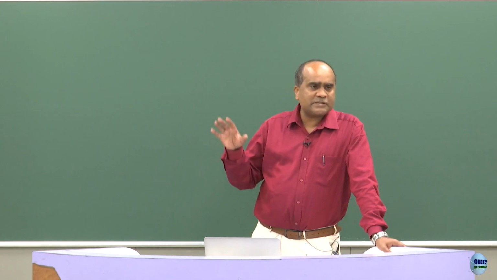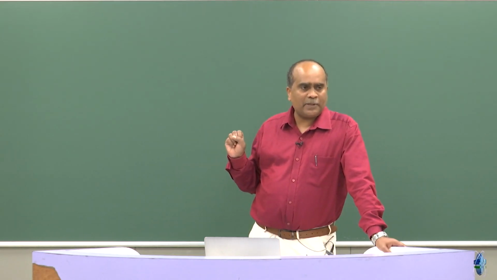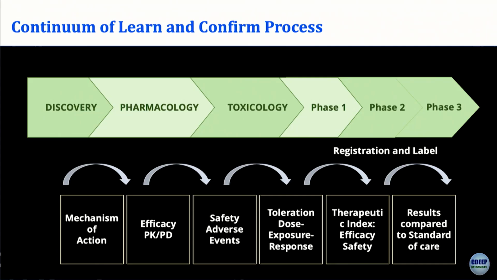Now, once the toxicity and preclinical setup is done, it goes to phase 1, phase 2 and phase 3 trials. First, tolerance to dose, exposure and response. A small dose is given to a selected group of people, and first it should not cause any adverse effect; people should be able to tolerate those small doses.